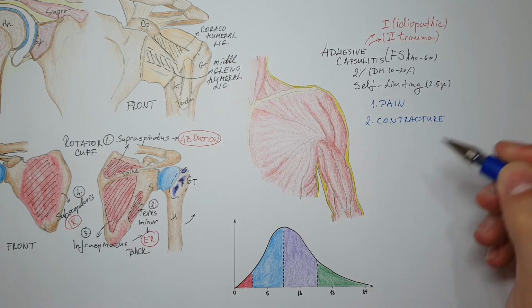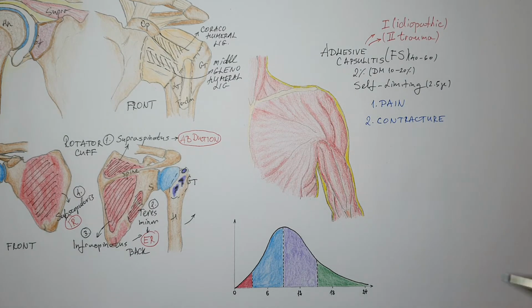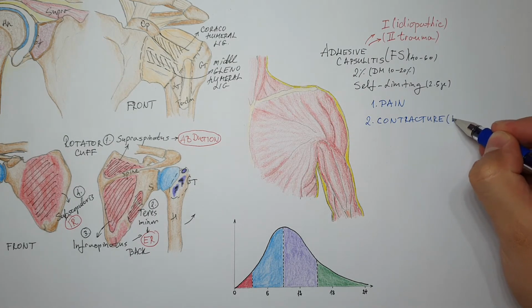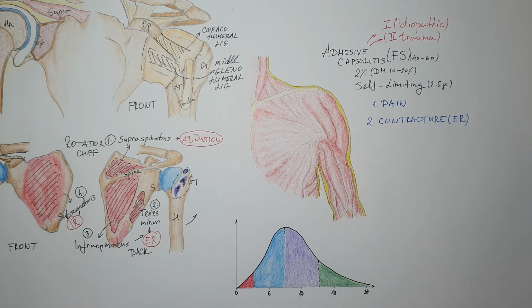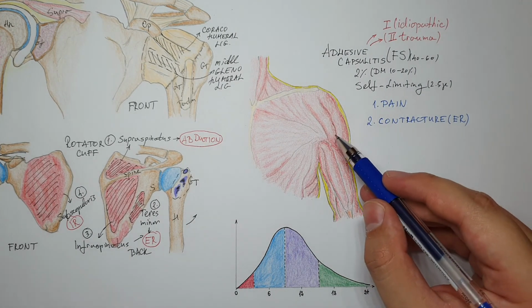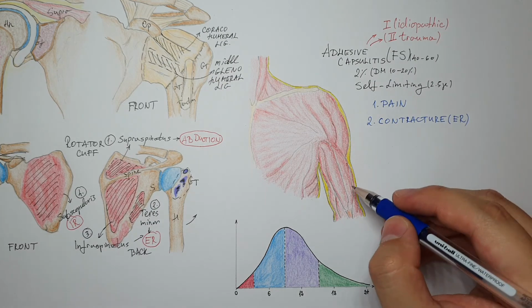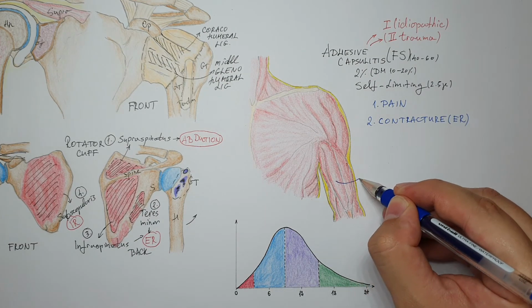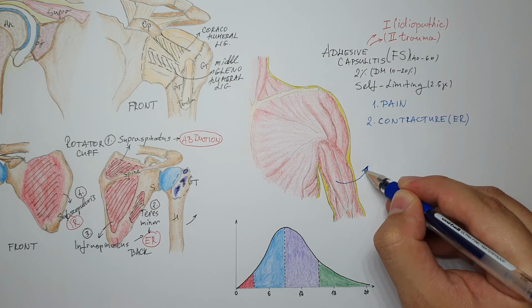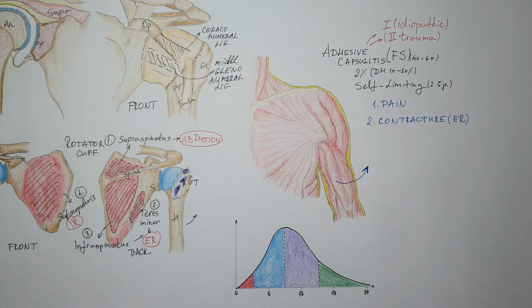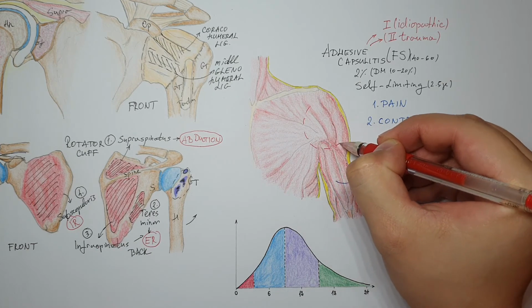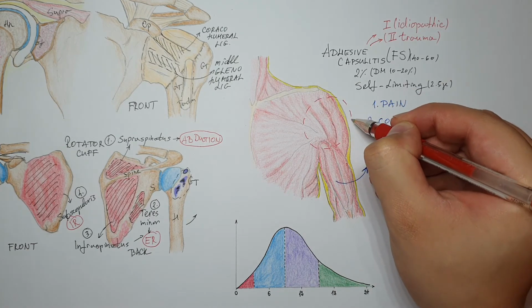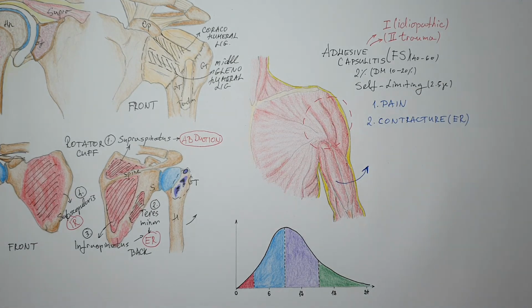So the range of motion will be limited, and this is especially true in external rotation, and I explained why. So the patient will not be able to easily do an external rotation, and he will have significant pain in the shoulder area. This is the disease.